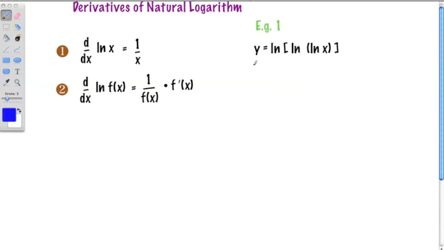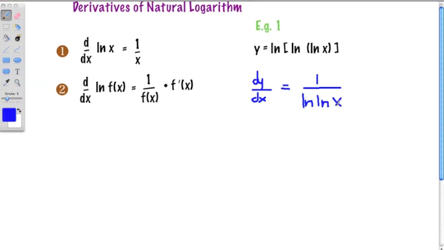This is the first example question. If we want to find the derivative of it, we can use both of the formulas that I have mentioned before. So to find the derivative, which is dy over dx, as you can see, after the ln, the term inside the square bracket is actually the f(x) term. So if we want to find the derivative of it, we simply get 1 over that term, which is ln x.